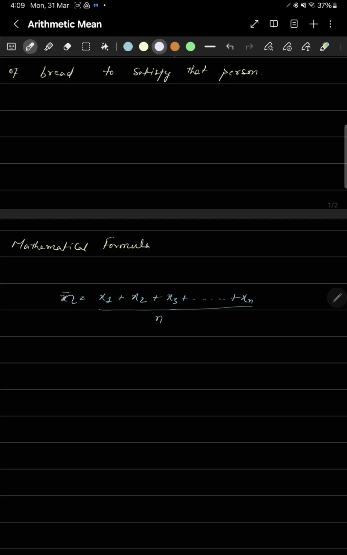So what does each term mean, right? This is read as x bar, this is the bar, value 1, value 2, value 3, value n, and this is the total number of values.